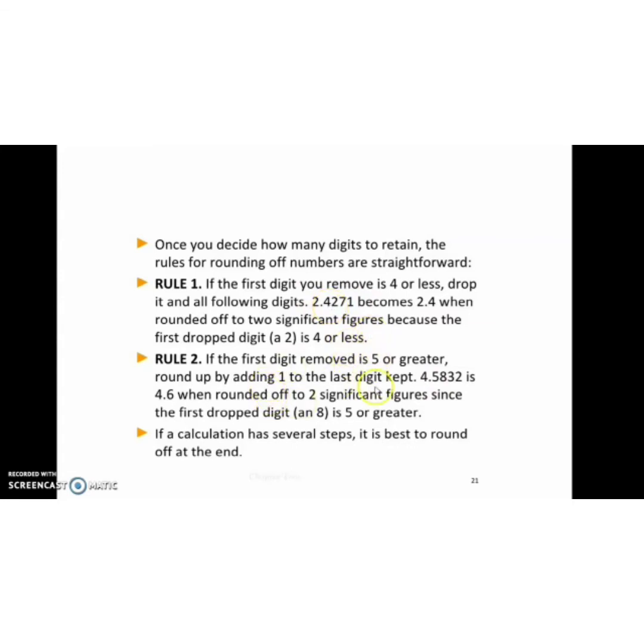For example, 4.5832: take the point after 2 decimal places. So 8 is greater than 5, so we have to round up the number to 4.6, to that significant figure.